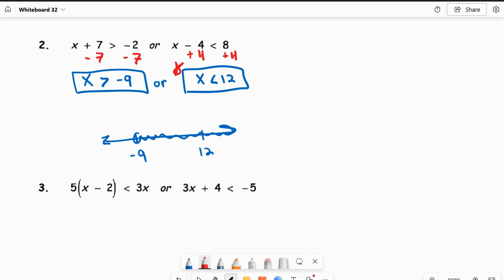And x is less than 12, so we'll have an open point shaded to the left. But remember, with or inequalities, your solution is anywhere where either of the two inequalities is true. Well, since they're pointing in opposite directions, that means that anywhere on the number line would be a solution. So in a case like this, your final answer would be all real numbers.